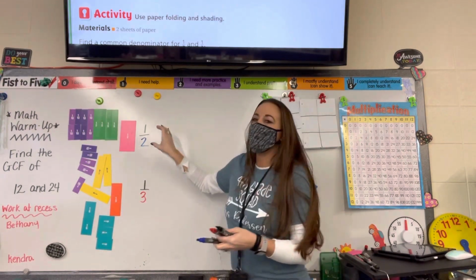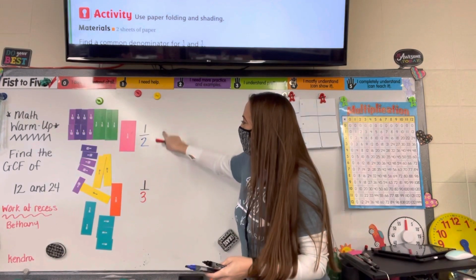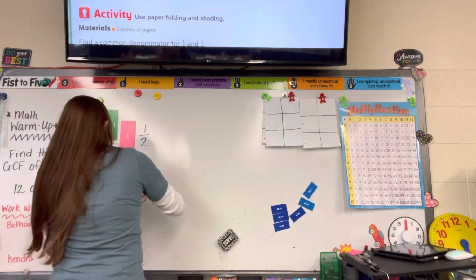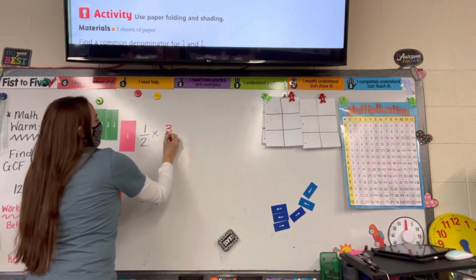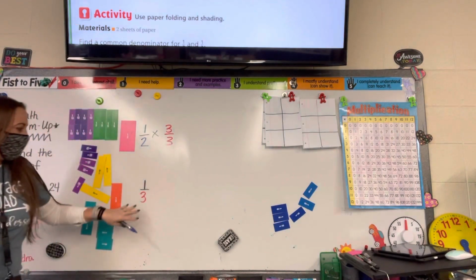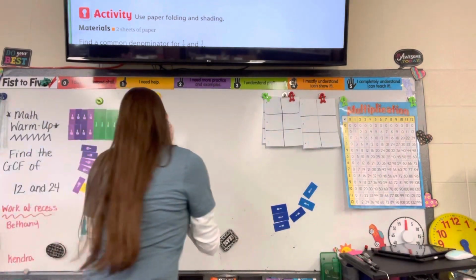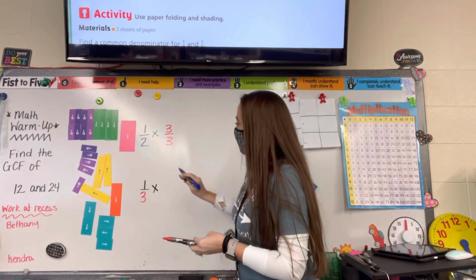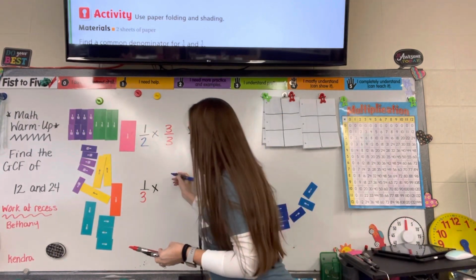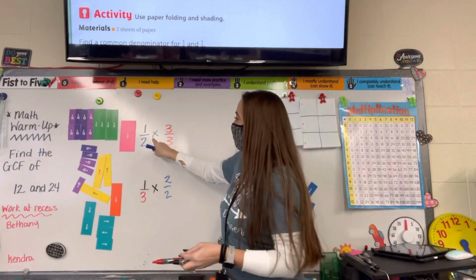We're going to take the 1/2, guys, and multiply it by 3/3. 1/2 times 3/3. Where did I get that 3 from? Right down here, the other fraction. Then we're going to take 1/3 and multiply it by the other fraction's denominator, 2/2. Where'd I get the 2?